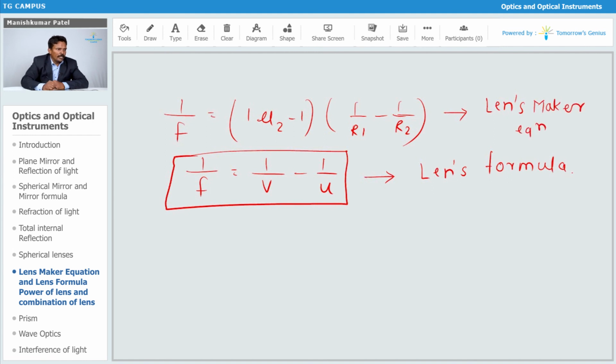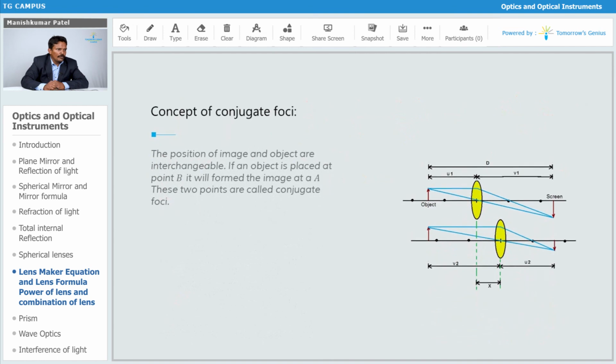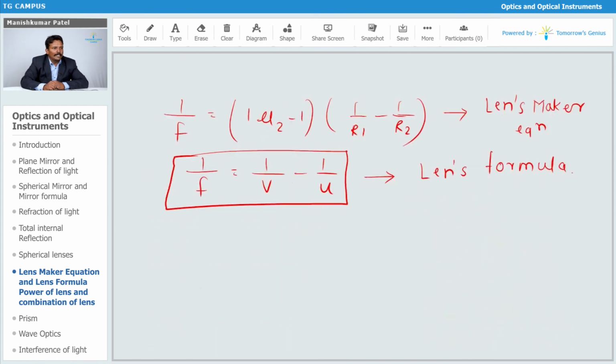Both equations are very important, and we can calculate either one of the results. To design the lens, you have to go for the lens maker equation, and with the lens formula you can determine the position of your image.